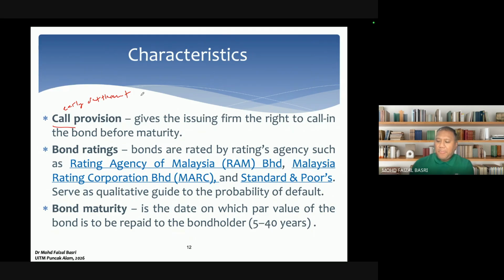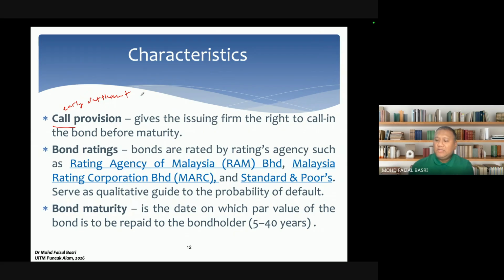Tapi kalau ada call provision pada tahun ke-7 contohnya, for the 7th year, so ada kemungkinan instead of 10 tahun punya return, you punya return stop pada tahun ke-7 je. Sebab tahun ke-7, the issuer boleh redeem, boleh bayar ataupun settle bond ni siap-siap before maturity and stop the bond straight away pada tahun ke-7.